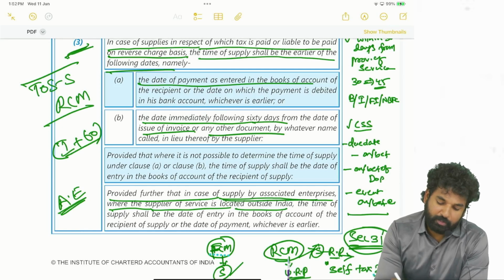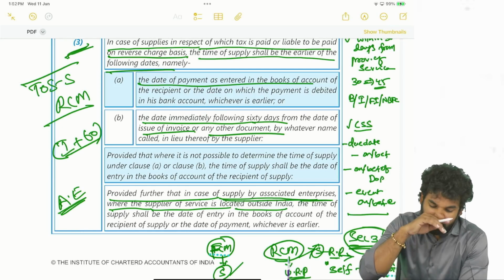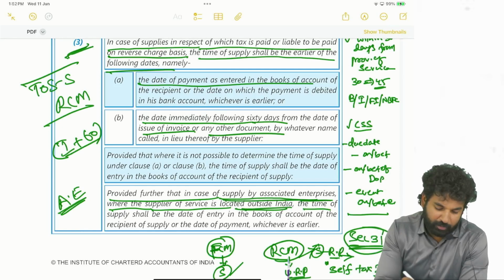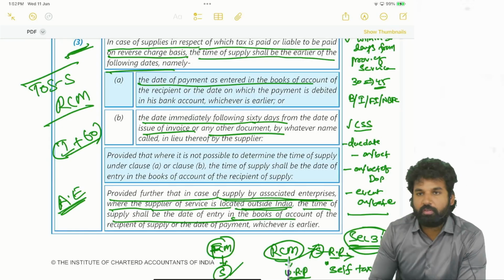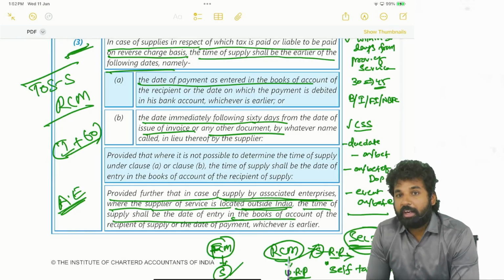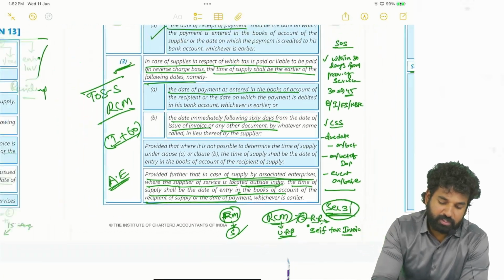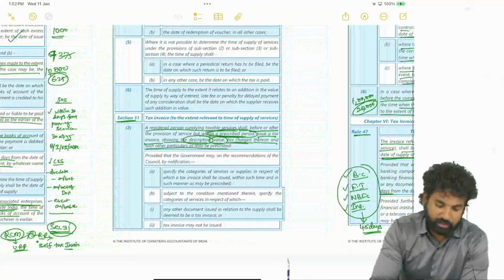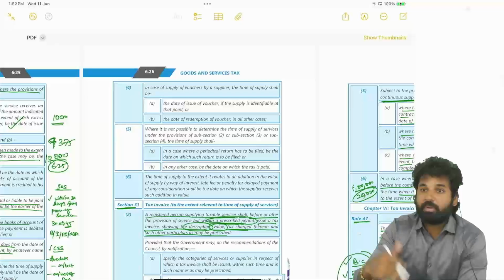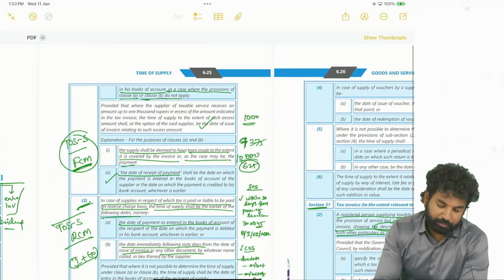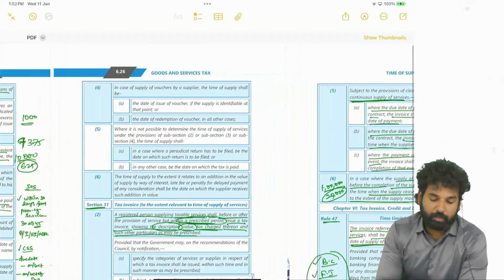In such a case, the time of supply shall be the date of entry in the books of accounts of the recipient of the supply or date of payment, whichever is earlier. That means importation of services from associated enterprises.